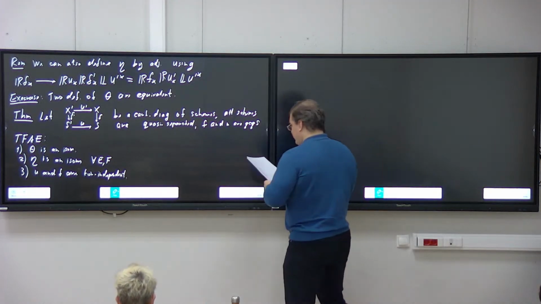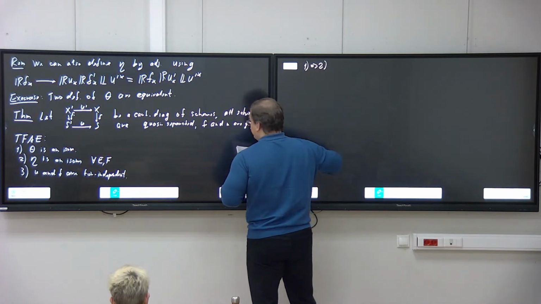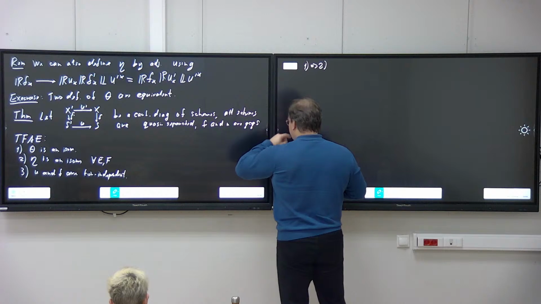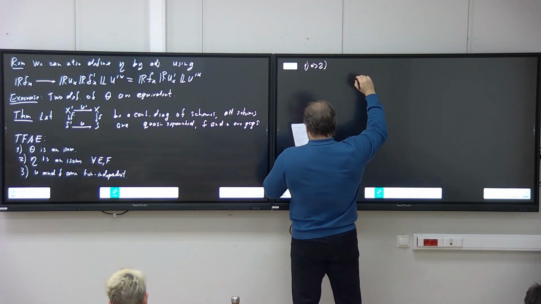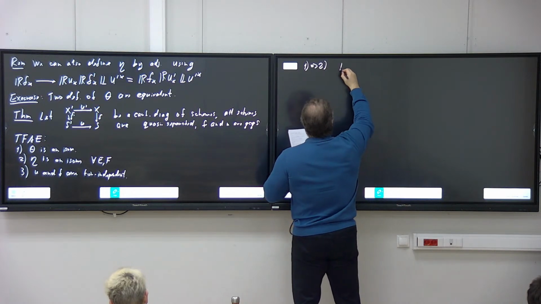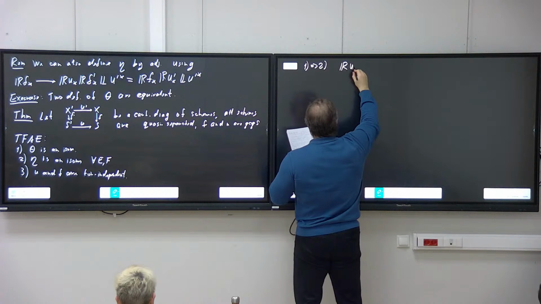Let me start with 1 implies 2, which is not so hard. This is essentially done by looking at one commutative diagram of functors. Let me start with the map eta, repeating the map eta.